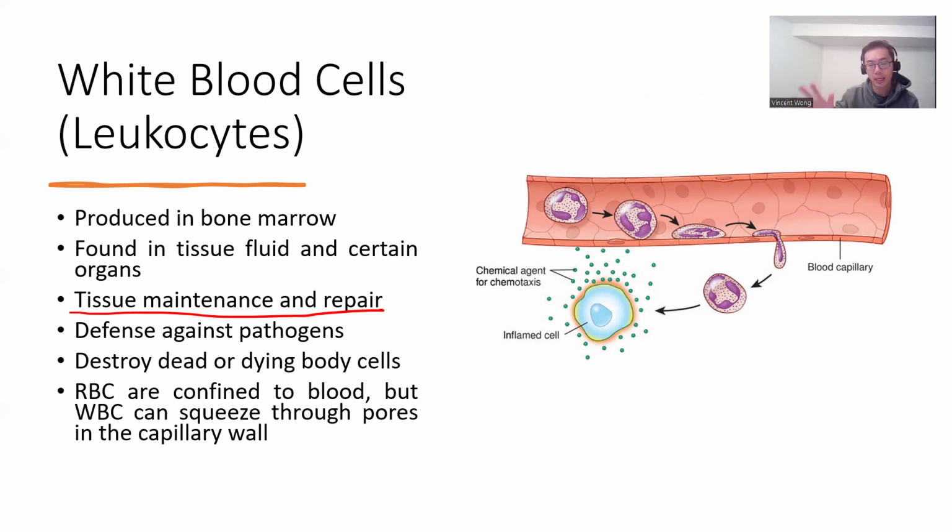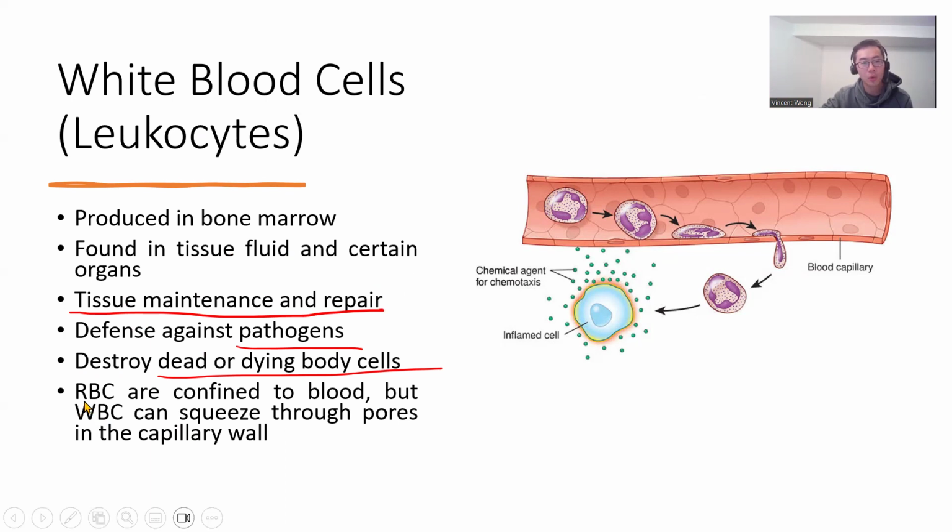So you want to make sure that they are free of pathogens. If there is any kind of damage, they would initiate some kind of repairing mechanism. The white cells will also help destroy dead or dying cells, like the red cells we talked about. Other cells that are too old can be taken up as well. They could be eaten up by the white cells.